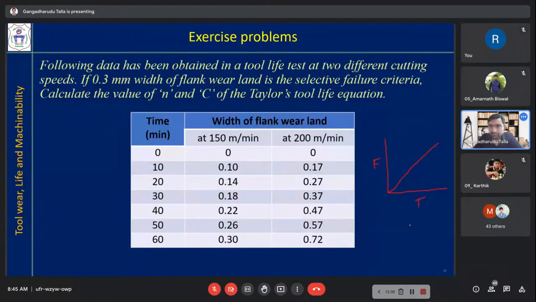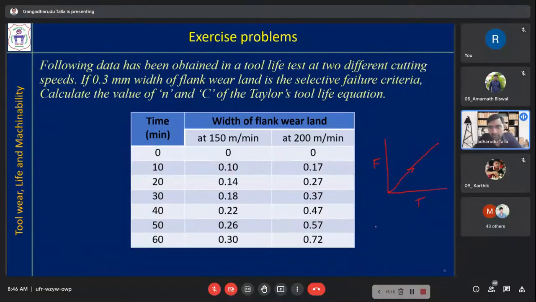Now write that equation. Find the slope. How will you find the slope for this line? We consider 2 points and then y2 minus y1 by x2 minus x1. Find out, all of you do this on your notebook. Not only finding out the slope, you find out the equation for that line I have drawn.